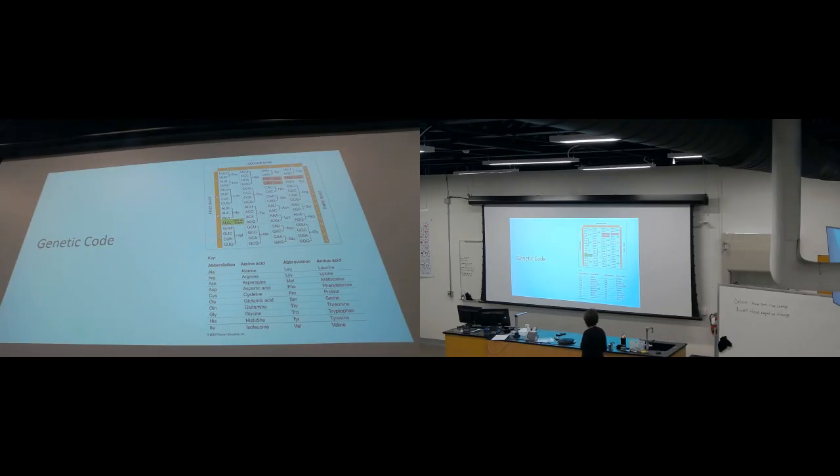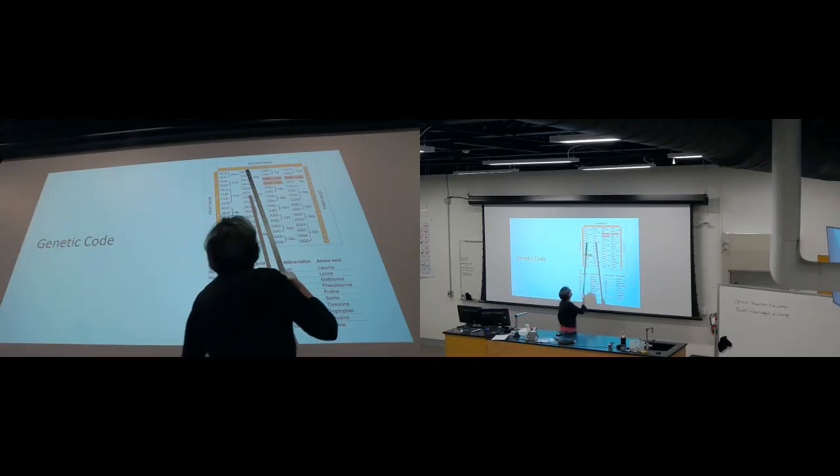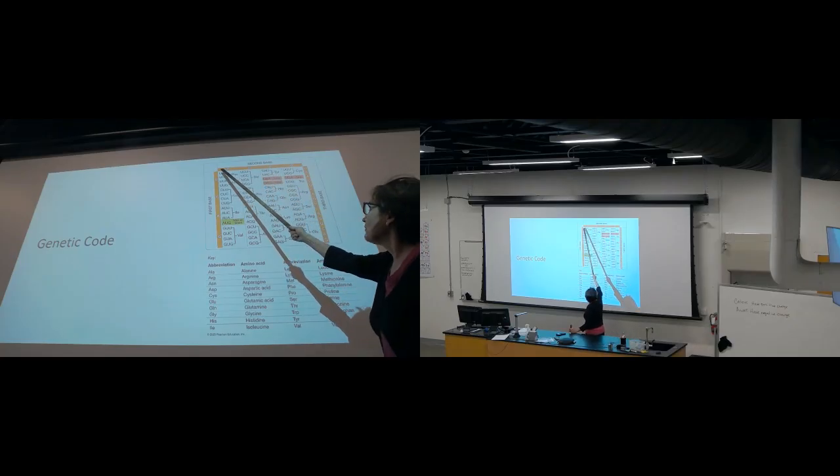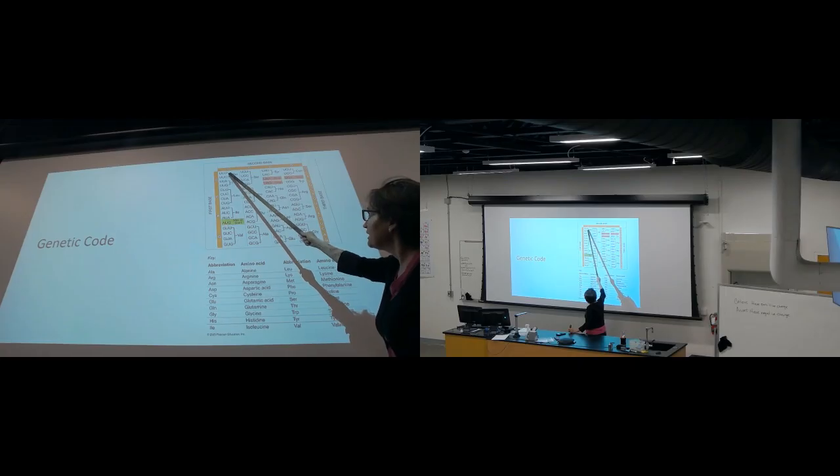So here is the genetic code. These are read in triplets, or in groups of 3. These 3 uracils will be coding for phenylalanine.